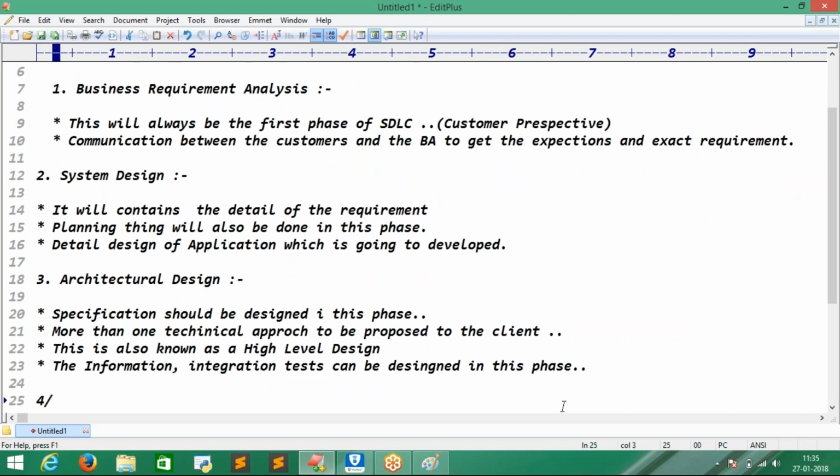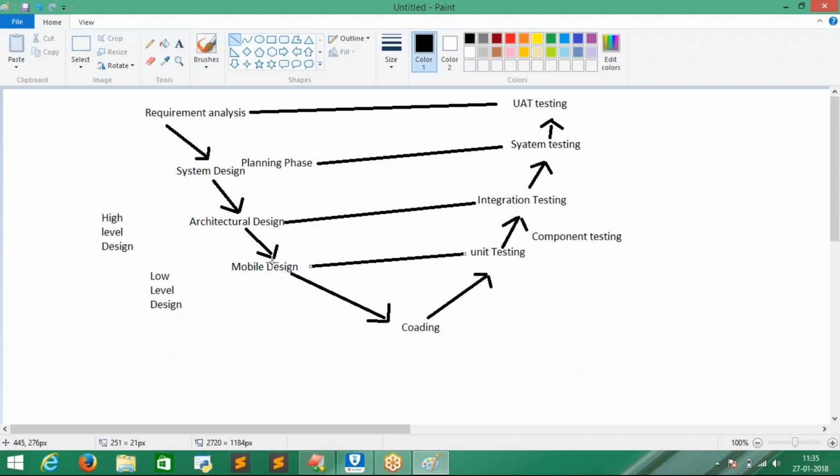Now, this is all about architectural design. Next is about the module design. Guys, you can do one thing, don't call it mobile design, that looks very odd. My bad.